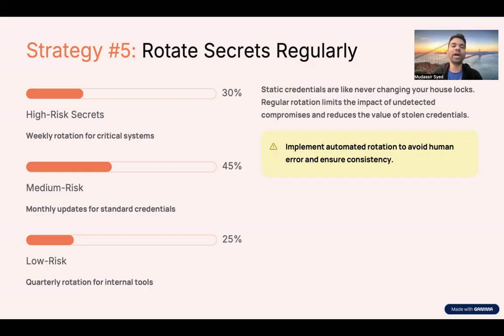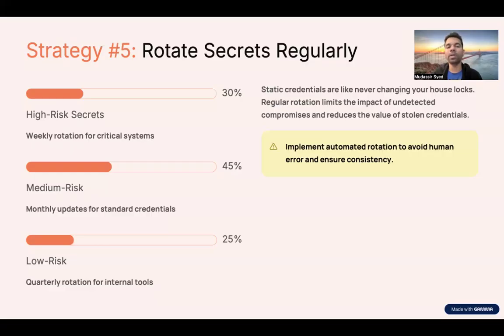So we will divide these into three types of secrets. If secrets are high risk, rotate them on a weekly basis. If you see those secrets being medium risk, things that are used internally, you could rotate them once a month. And if these secrets are very low risk, maybe a batch job that runs once in 2 weeks or once in a month, then you could probably do a quarterly rotation of that.